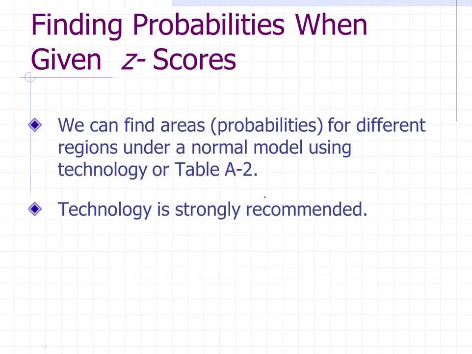And so we can find the areas for different regions using table A2 in your textbook, or we can use StatCrunch. Now there are some very good videos on this page that talk about using StatCrunch and the tables, but what I want to do is pull up the tables so we can kind of go through this.